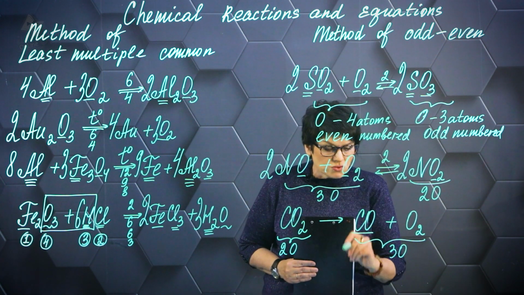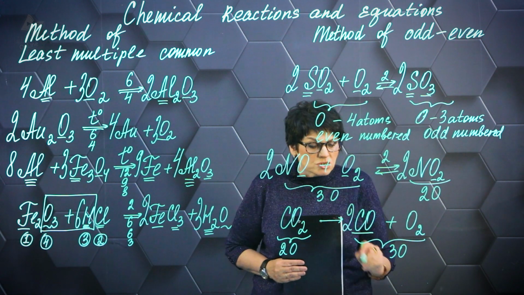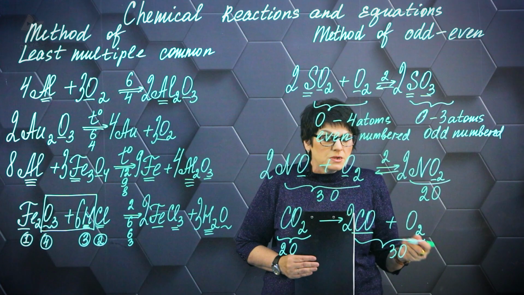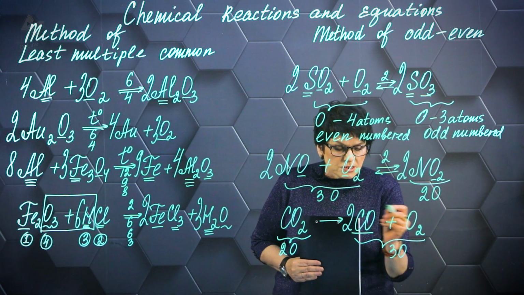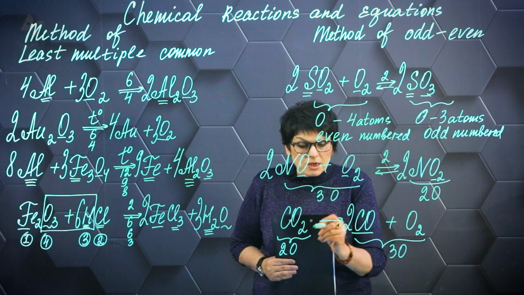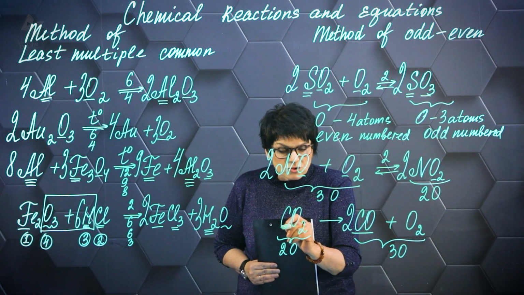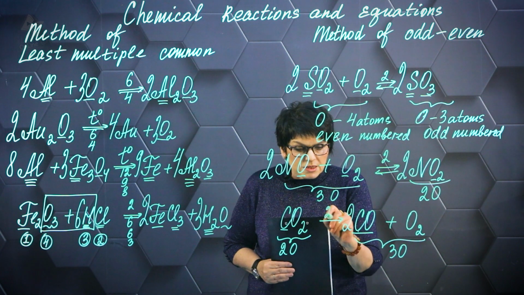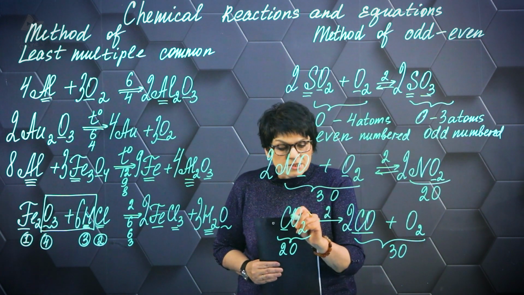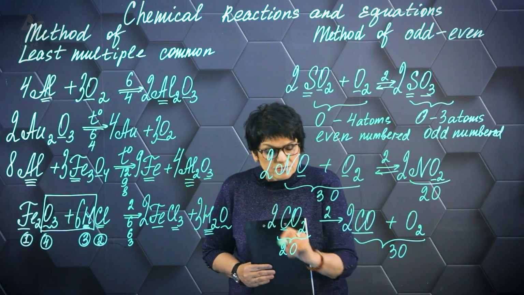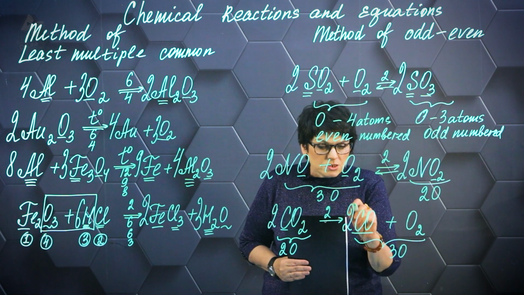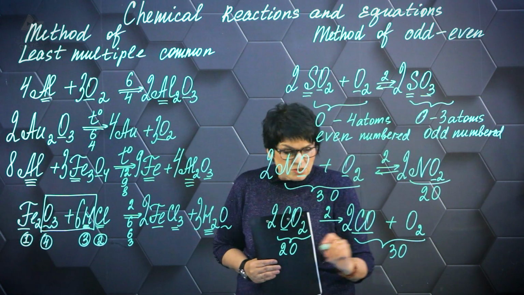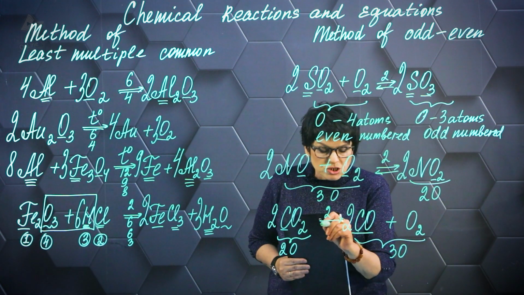And where is it odd? At the oxygen. Therefore, before the CO formula, we established the coefficient as 2. Now there is an even number of oxygens on the right side. Alright, now let's take a look. We have 1 carbon on the left and 2 on the right. The multiple for carbon is 2, so we divide 2 by 1 and get 2, and the 2 is placed in front of CO2. And let's check for oxygen. There are 4 oxygen atoms on the left and 4 on the right.